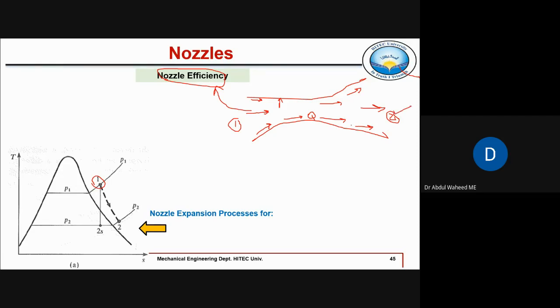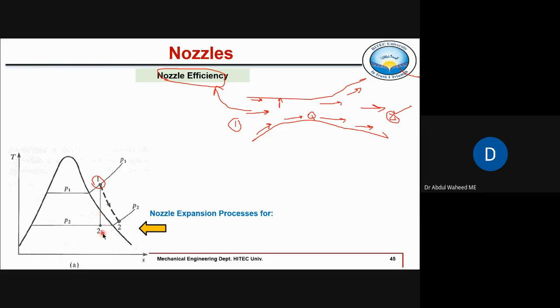Now, if we assume it is an isentropic process, then on this T versus S diagram, point two will be exactly vertically below point one, since S1 is equal to S2. Specifically for isentropic, we use the subscript s. So for isentropic flow, the process is 1 to 2s.